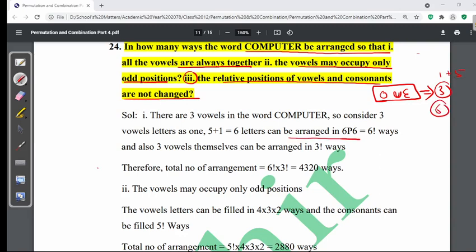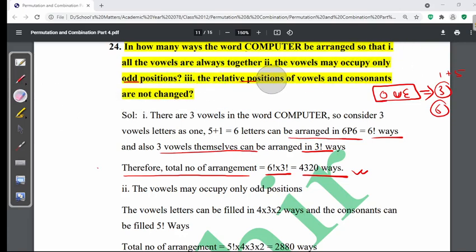Six letters can be arranged in 6P6, that is 6 factorial ways. But these vowels are different, that's why they can be arranged in 3 factorial ways. The total number of arrangements is 6 factorial times 3 factorial, that is 4320 ways. I think you understand this. And the second part, dear students, what is the second part?